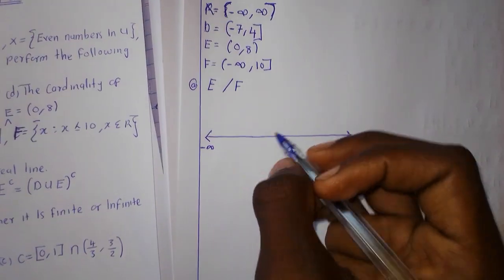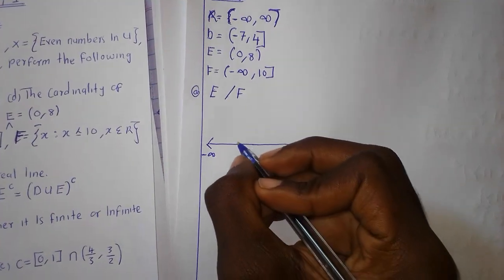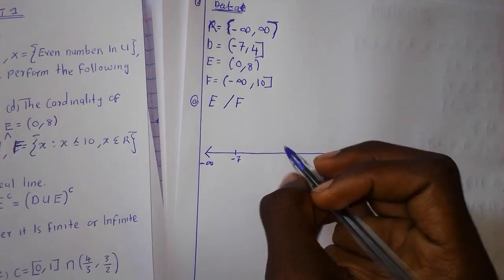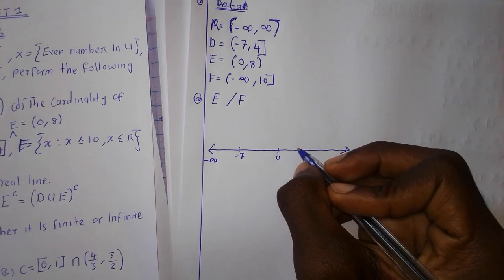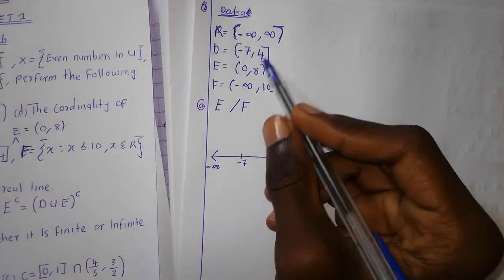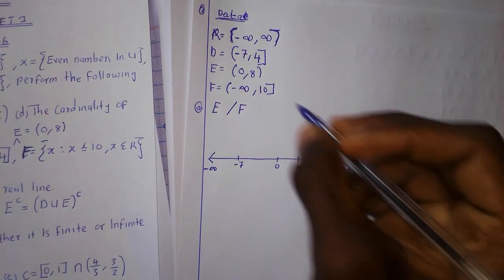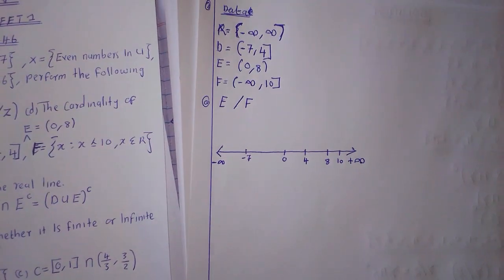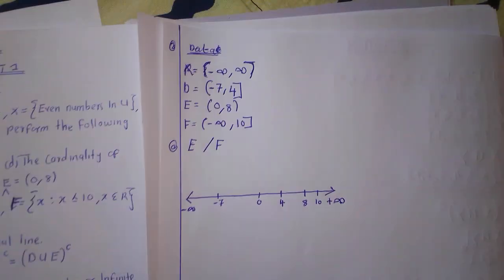And then, since the least number that we have to the negative side is simply -7, and we also have a 0 like this, then we also have a 4 here, then we also have 8 here, then we also have 10, something like this. Okay, so it's going to look something like this.